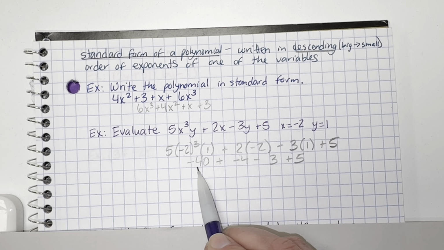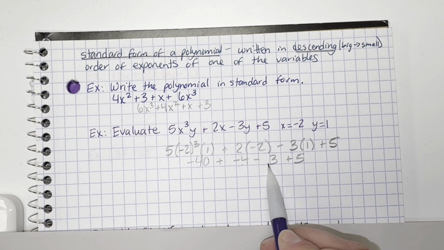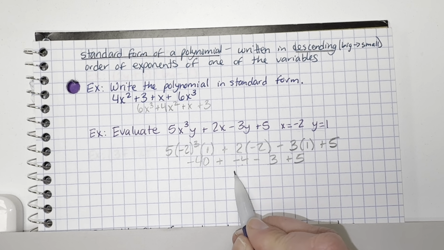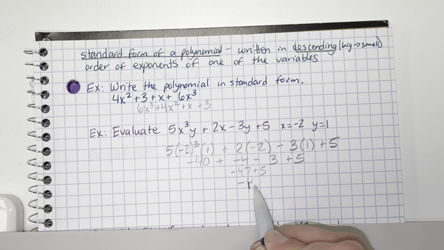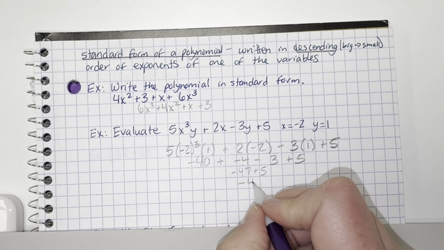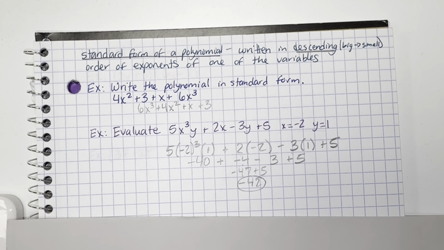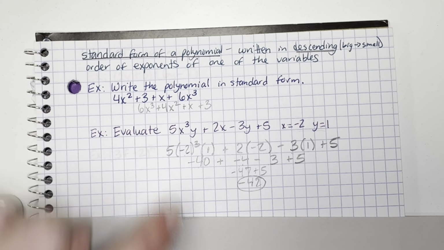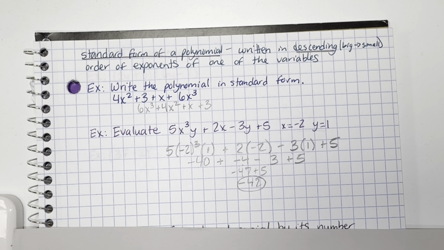So I have -40 and -4 more, so -44, -3 more, -47 plus 5, -42. Okay, at some point, even this point, you could plug it in your calculator. Just make sure you get your parentheses right with your negatives.